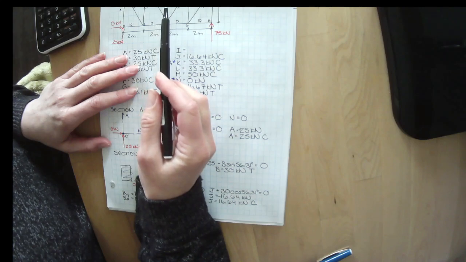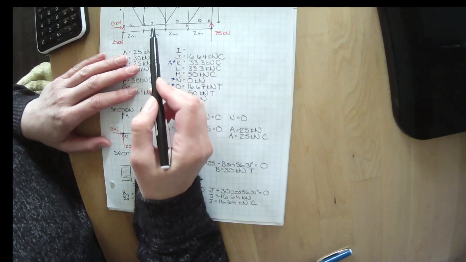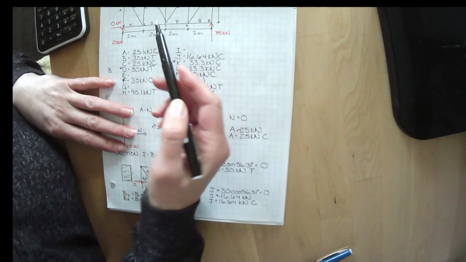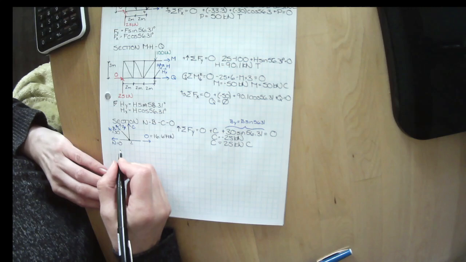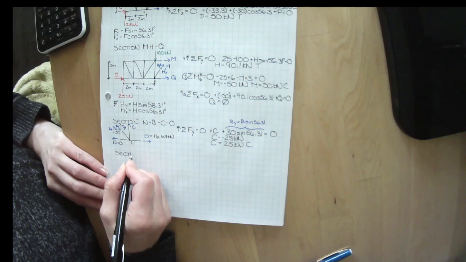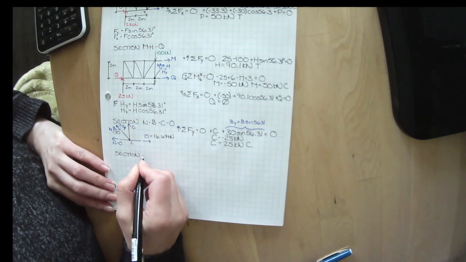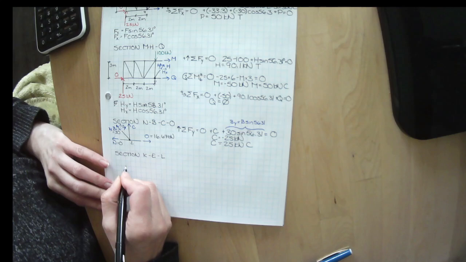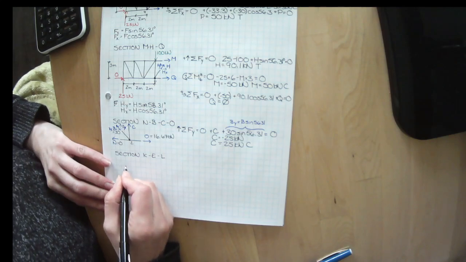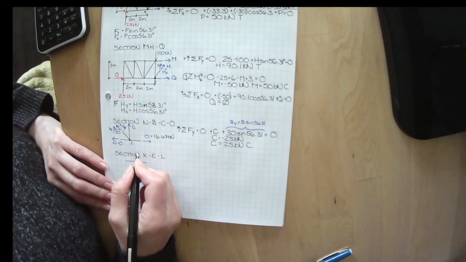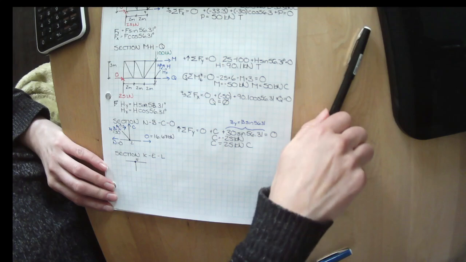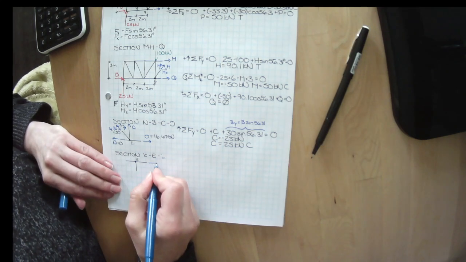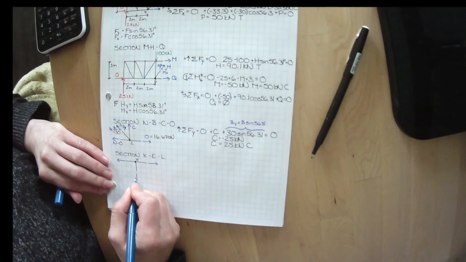Let's make the cut through K, E, and L. That'll give us E that we can try to solve for. So let's make section K, E, and L. We know that that is node 5, and we're going to draw them all in tension.